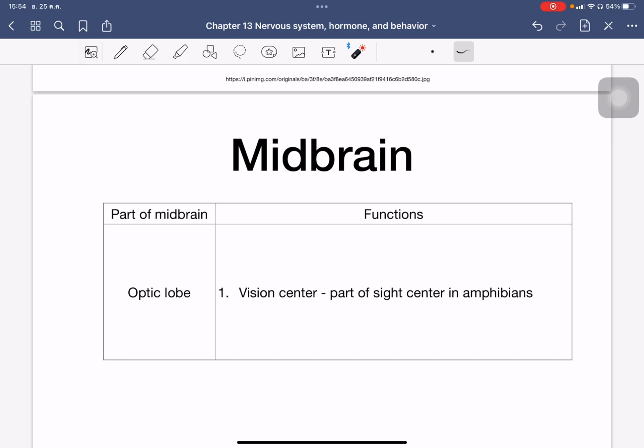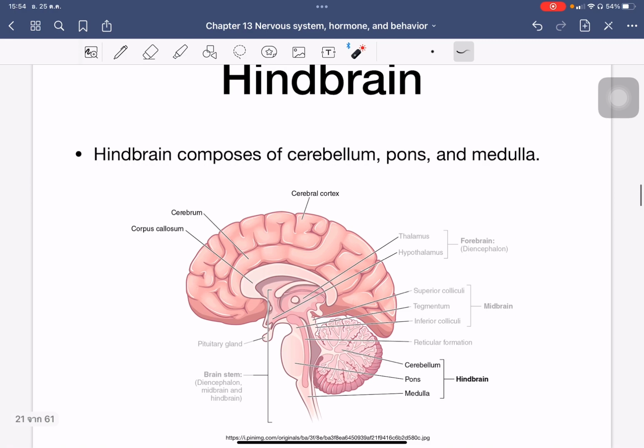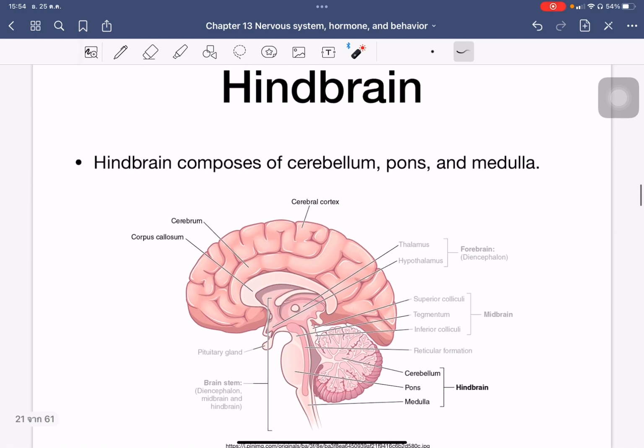The optic lobe, the vision center for humans, is transferred to another part of the brain instead of this part. And the hindbrain: here we have the cerebellum, pons, and medulla oblongata. This one is the cerebellum, and the pons is here.